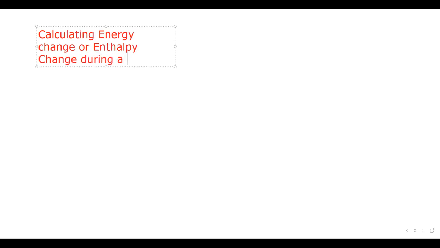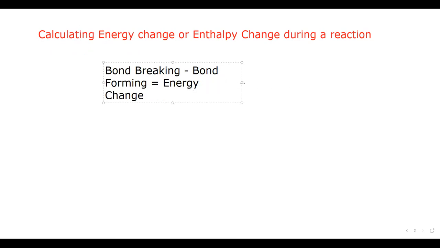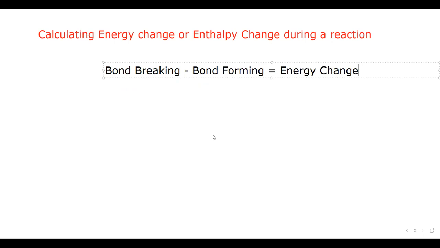The formula to calculate the energy change or enthalpy change during a chemical reaction is: bond breaking minus bond forming is equal to the energy change, also known as enthalpy change. This is how we calculate the energy change. So the formula is bond breaking minus bond forming.